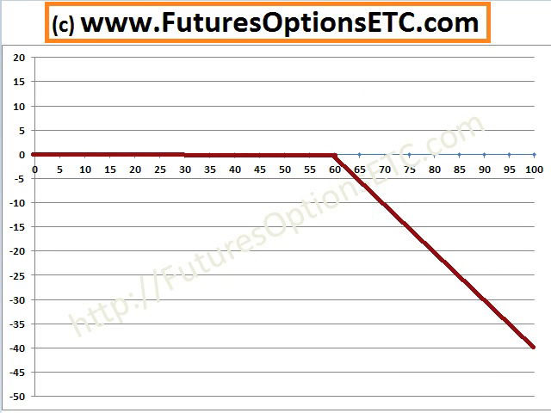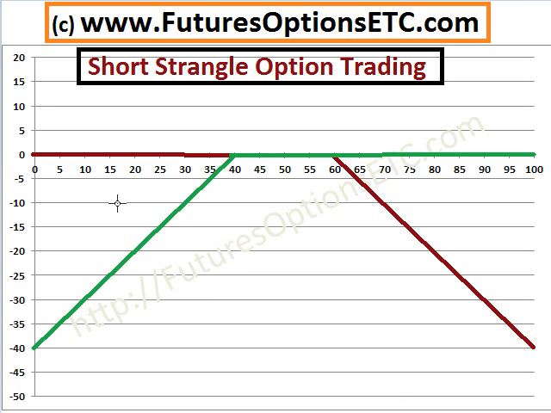And we also have a short put of $40 strike price, which would look like this. Now we have to add these two together to get the net payoff function for the short strangle. So this is how it will look.